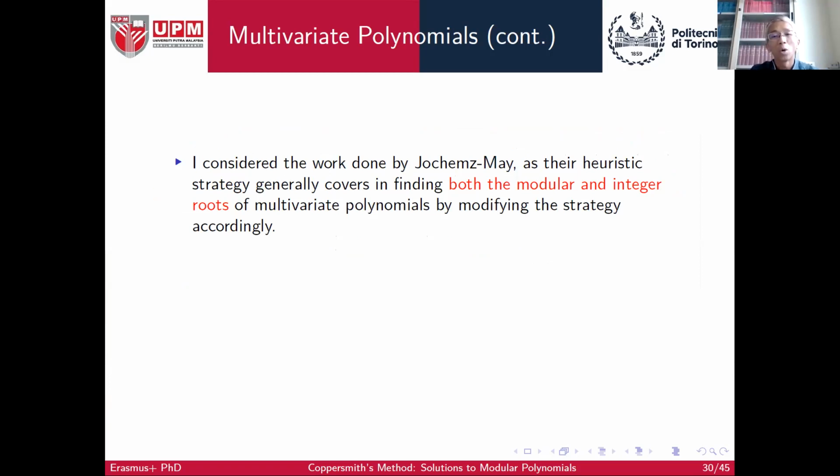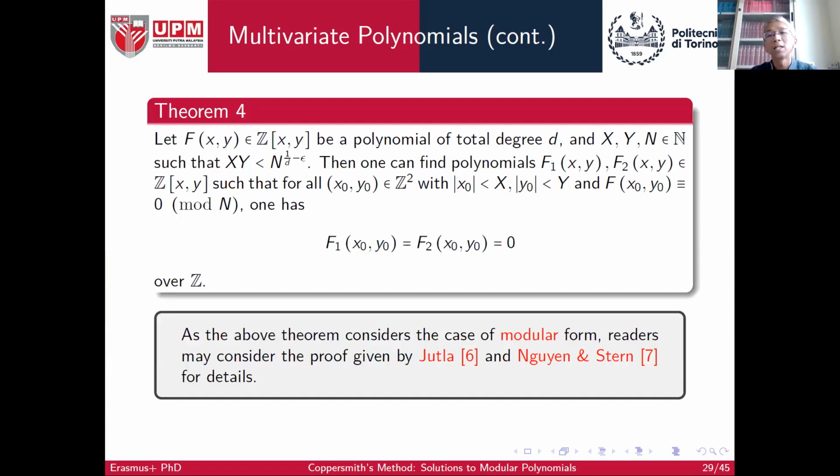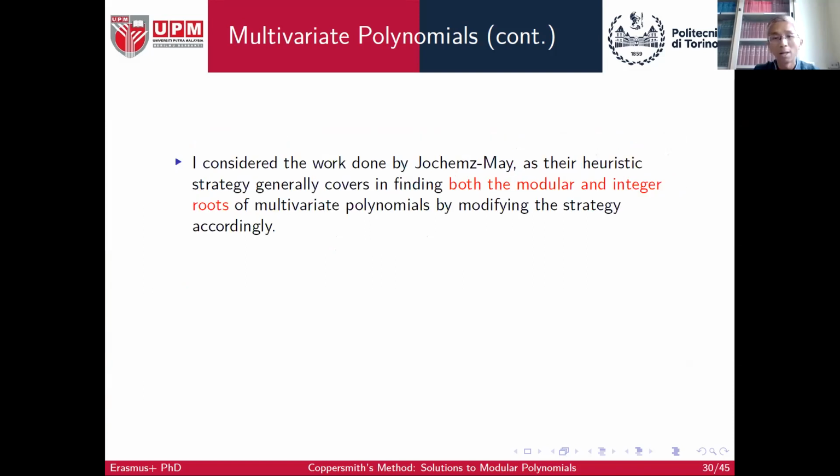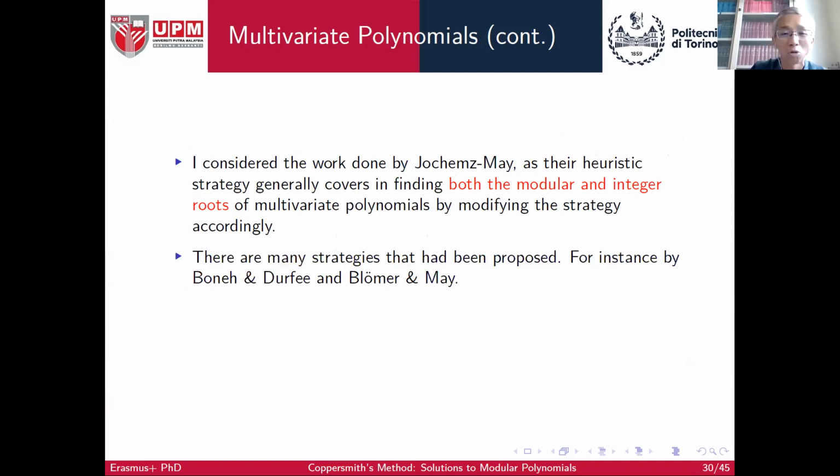So although Jutla and Nguyen and Stern have their own proof to solve this bivariate modular polynomial, Coron and May also have their own method, and in this case, I try to consider the work done by Coron and May. There are some reasons based on my personal choice.